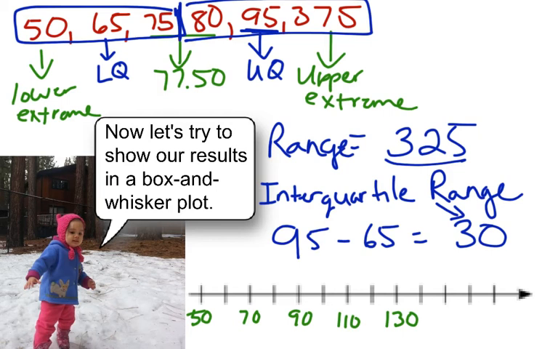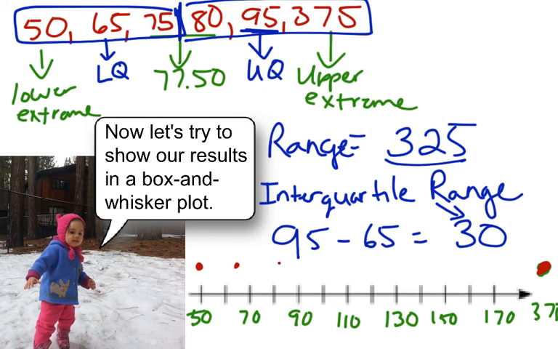Alright, so I've labeled my graph, and now I'm going to start with my whiskers. I'm going to start putting labels above everything. So above my graph, I'm going to look at 50, that's my lower extreme. Now my graph goes all the way up to 375. So I'm going to label that outside here just for room's sake. And I'll show you a digital graph of what that's going to look like later. So I have that. And then I can start by labeling, okay, well, what's my lower quartile? 65. So that's about here, halfway between 60 and 70. And my median is 77.5.